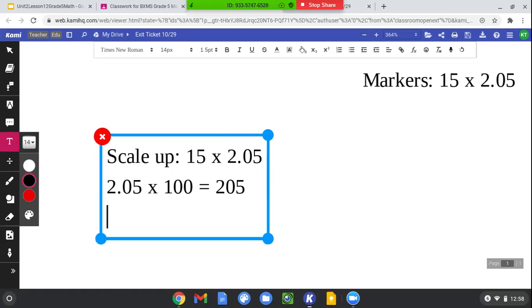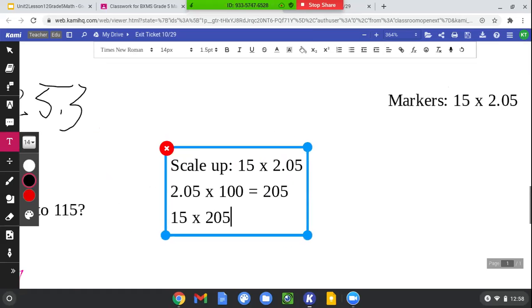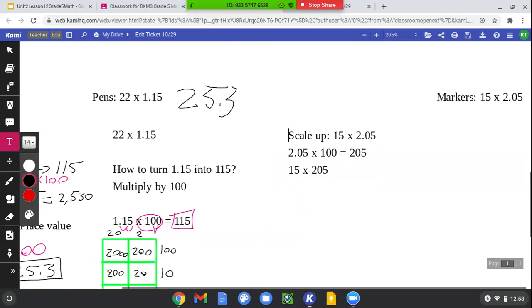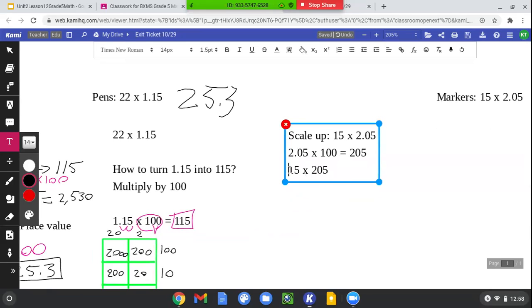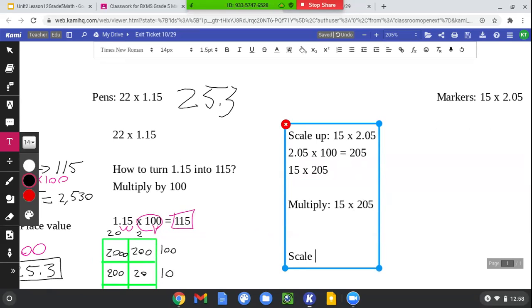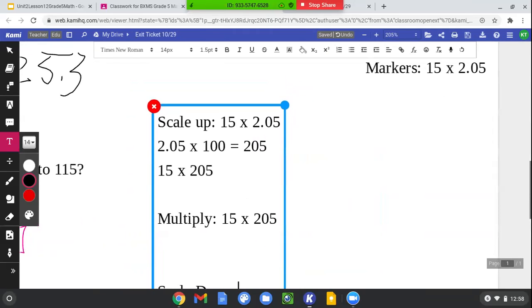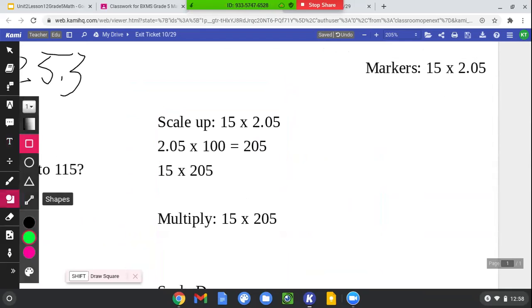So I am now multiplying 15 times 205. Okay, 15 times 205. Let's make our array.